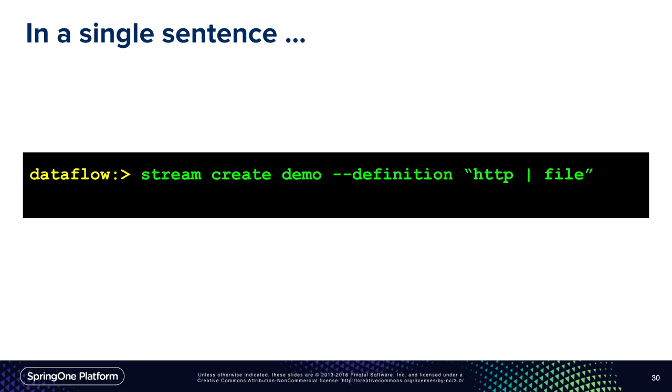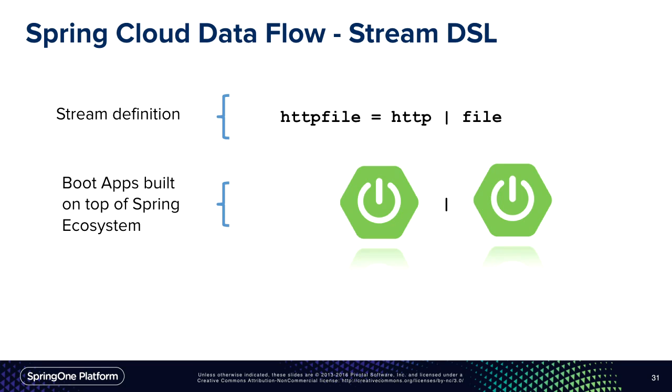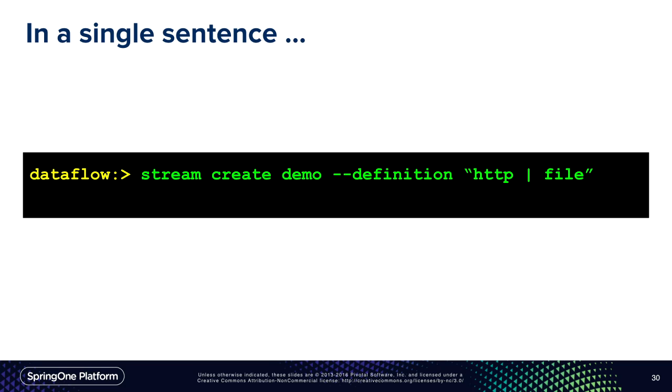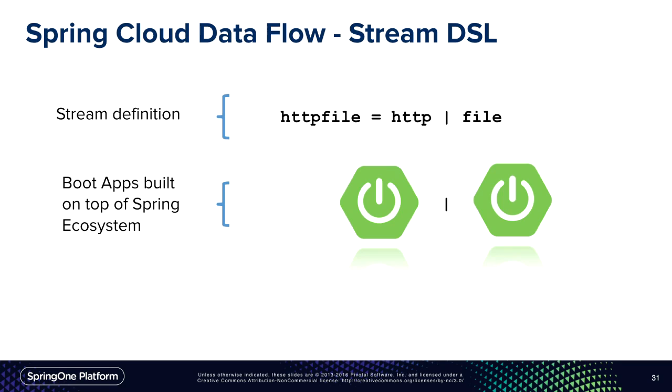I just want to point out that the experience of doing what I just did earlier, deploying two applications, configuring them, running them, is as simple as creating a stream definition. This is basically copied from my command line. Each of the items separated by the pipe sign is a logical standalone application that is resolved from a repository.